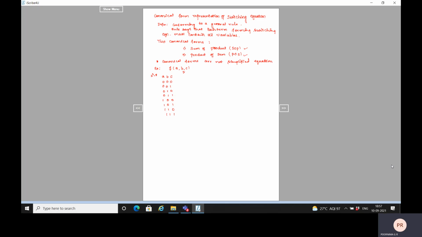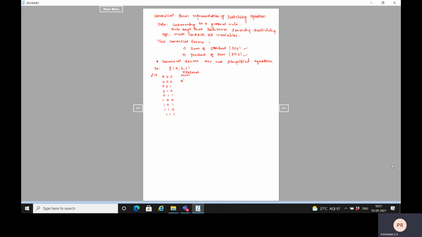If we consider the min terms representation of these three variables, the min term will be represented as follows. Whenever in the min term any variable's value is 0, it will be represented with the complement.